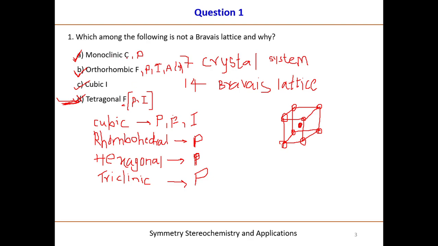In monoclinic we have the side-centered unit cell, this C, and the primitive unit cell.